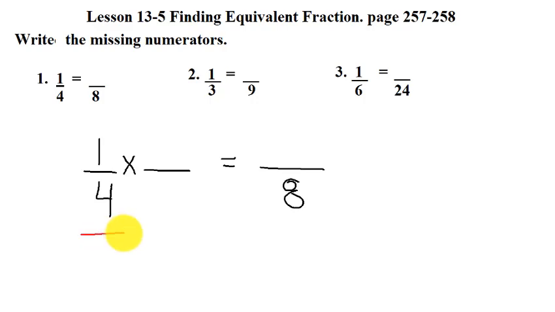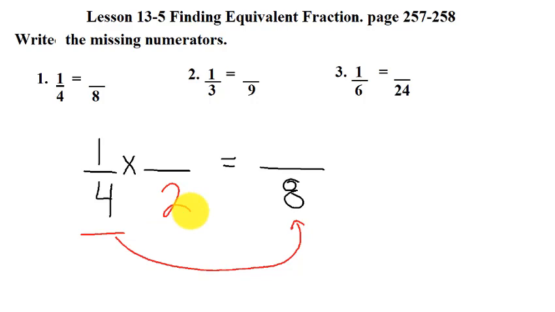Okay, in this case, we have the number 4. And what number times 4 equals 8? We need to know what number for finding out the missing number. What number times 4 equals 8? In this case, you need to know the table of 4.